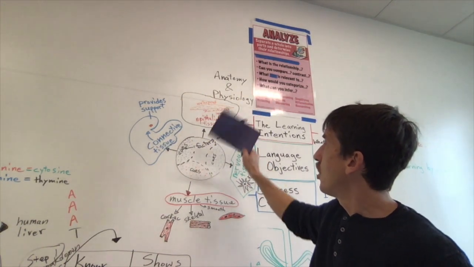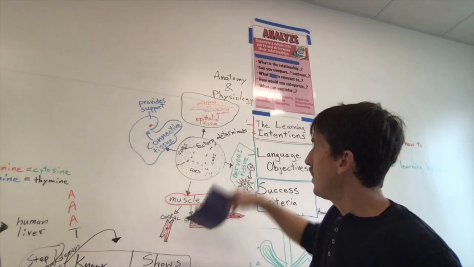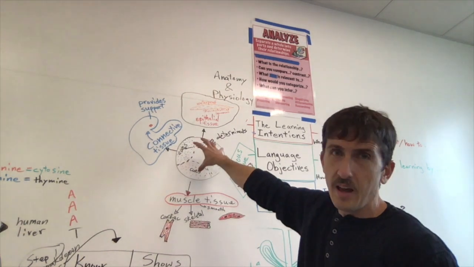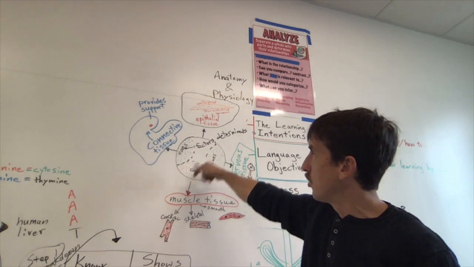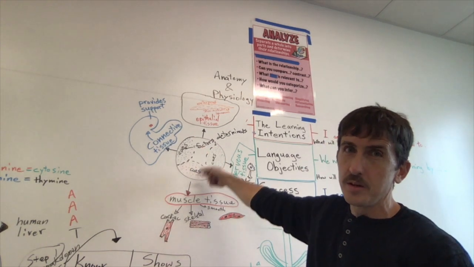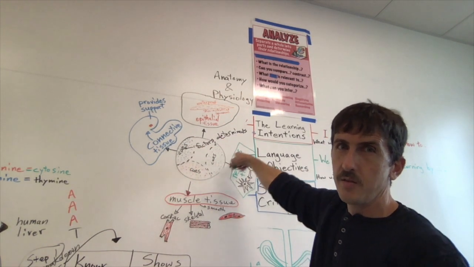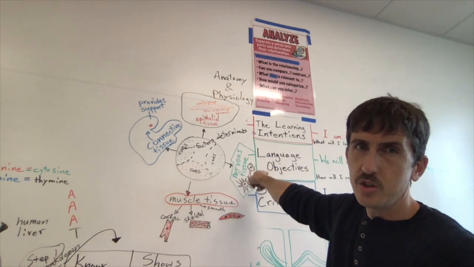And so we can see the environment in that first cell is how it could eventually become any of these types of tissues.